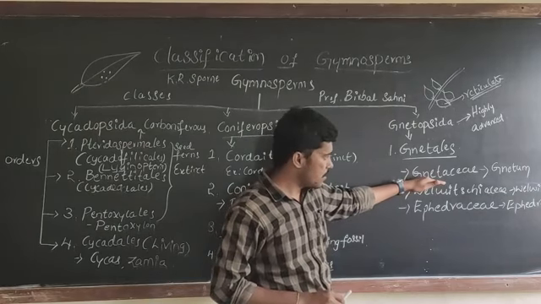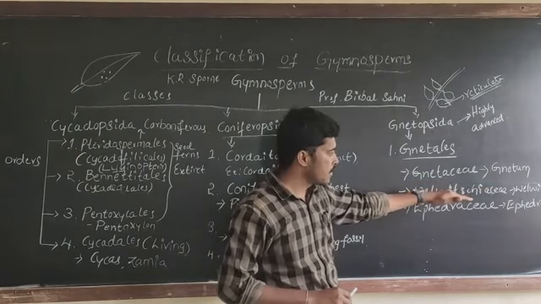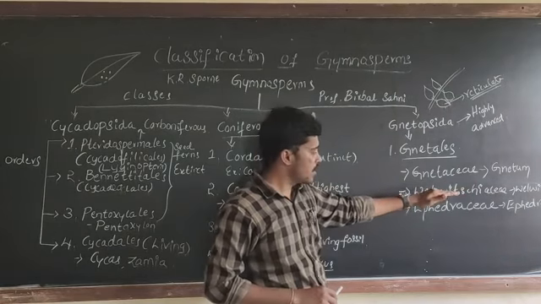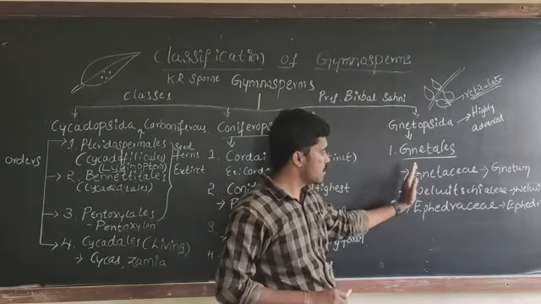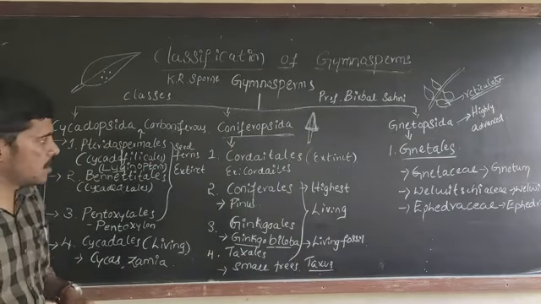The best example of a gymnosperm which comes under the family Gnetaceae is Gnetum. Next, Welwitschiaceae, the example is Welwitschia, and Ephedraceae, the example is Ephedra. These are the three families which come under the order Gnetales.